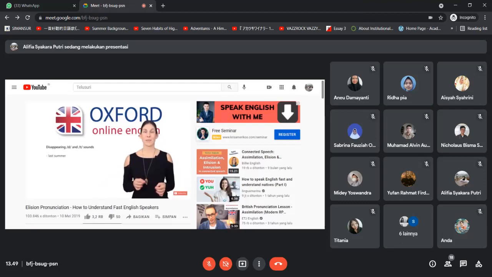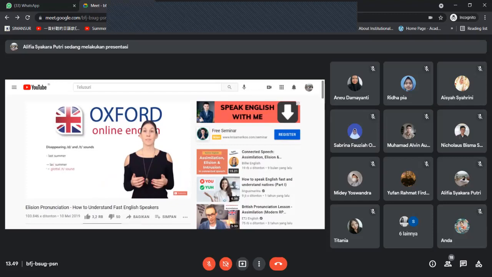The T can disappear completely, so that you link the S in last and the first S of summer together. Or the T can become glottal. This means the T is half pronounced. Think about it like this. When you say t, you do two things. First, you put your tongue behind your top teeth and build air pressure in your throat. Then, you move your tongue down and back and release the air pressure to make the sound t.